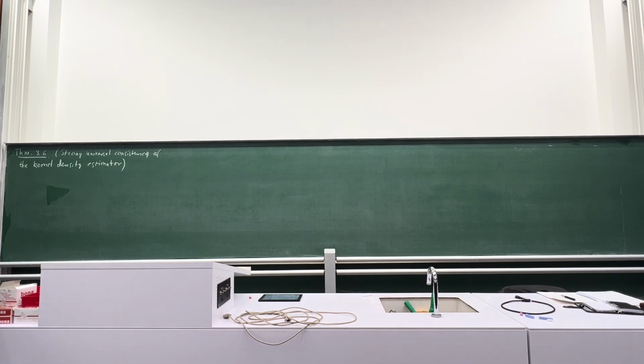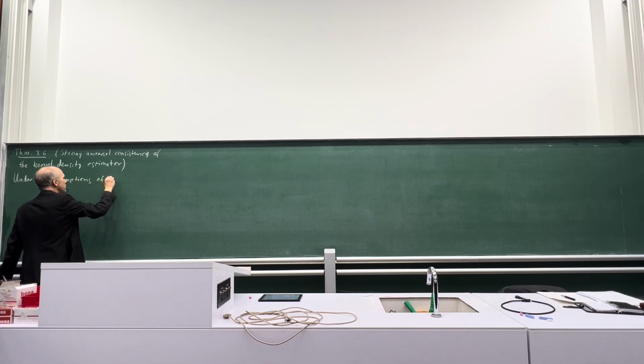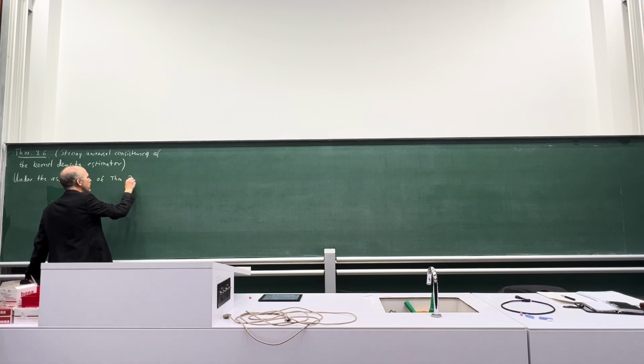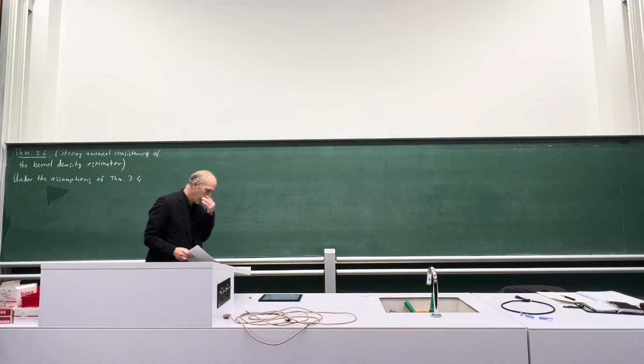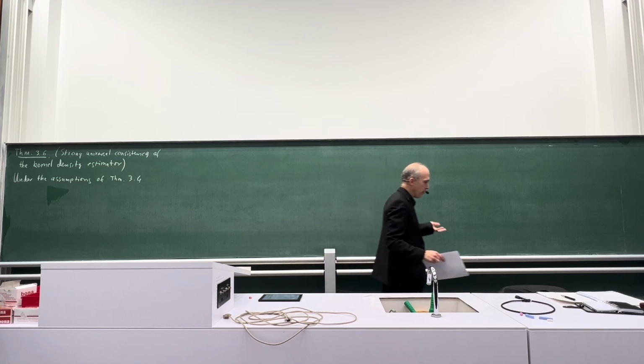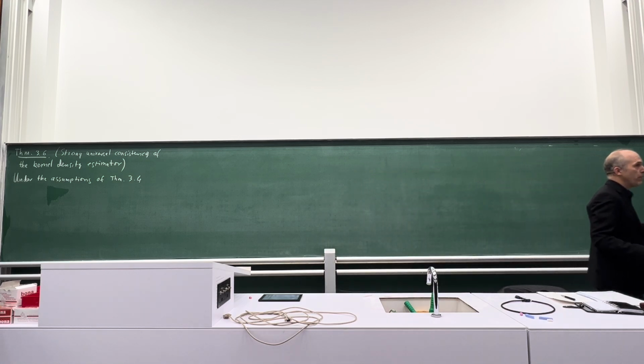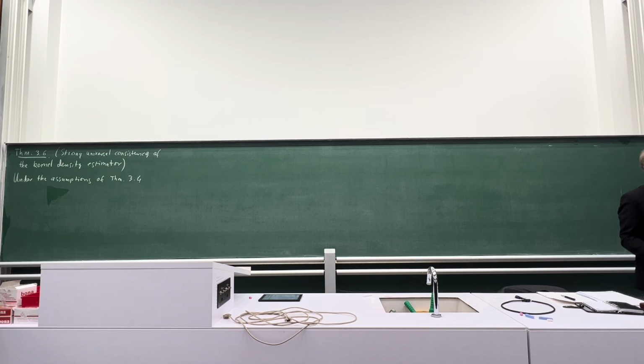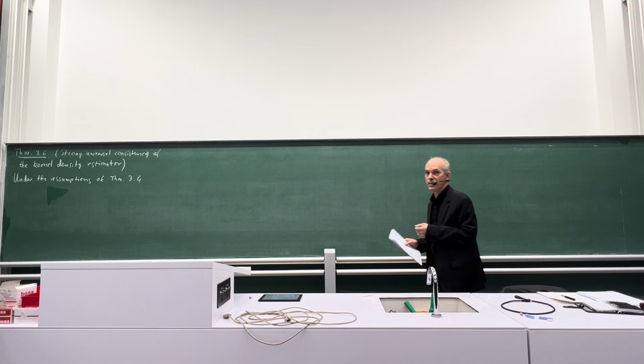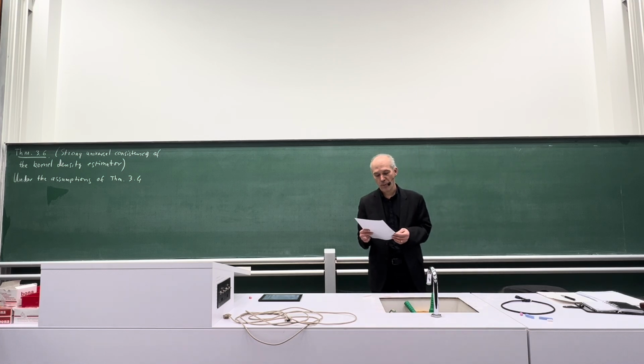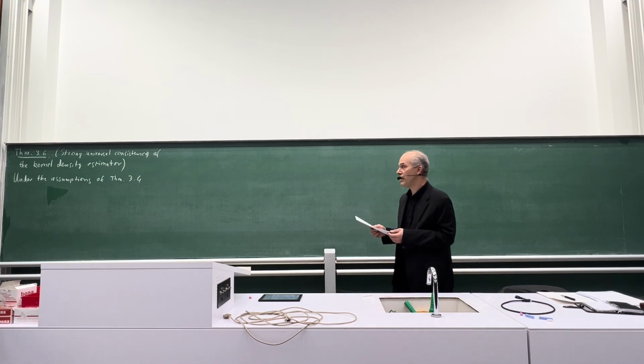Under this assumption of theorem 3.4, you have this IID sample of your distribution, you have the kernel density estimate made up with bandwidth h_n and with naive kernel, and h_n tends to 0 for sample size tending to infinity, and n times h_n to the power d tends to infinity.